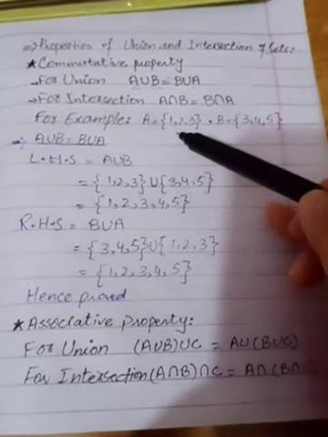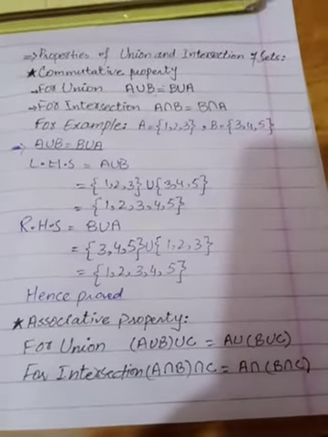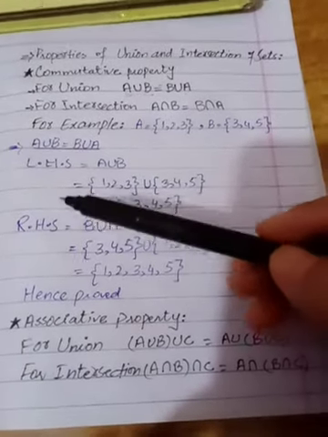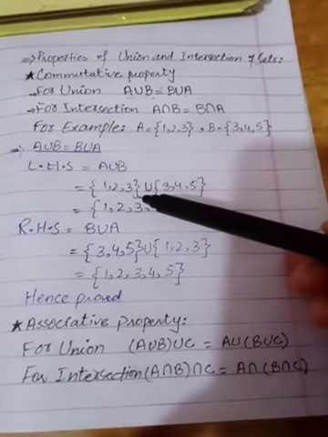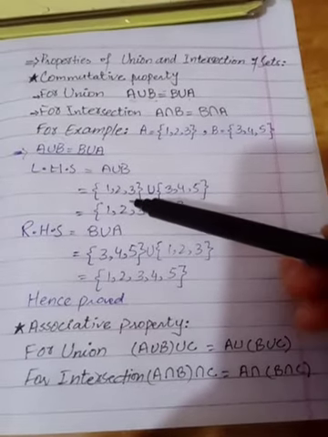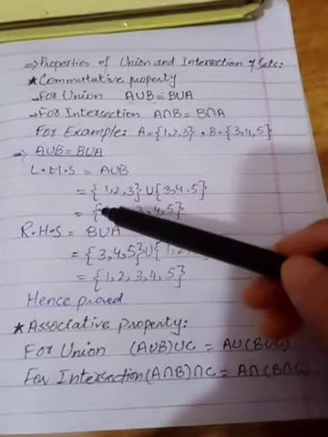For example, A is equal to {1, 2, 3} and B is equal to {3, 4, 5}. A union B is equal to B union A. Here we prove it for union. The left hand side is A union B: elements of set A {1, 2, 3} union elements of set B. As you know, in union we write all the elements of both the sets given.